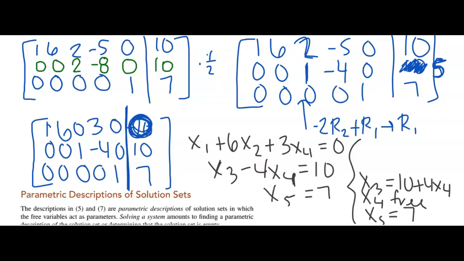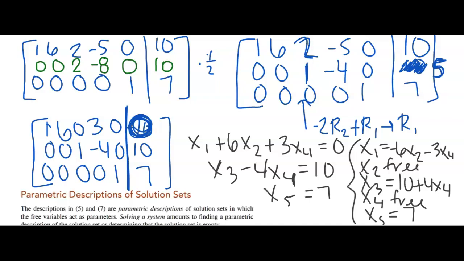I have no idea what x2 is, but I know x1 is dependent upon both x2 and x4. And so that's what my general solution is going to look like if I have too many unknowns and not enough equations. Okay, too many unknowns and not enough equations.